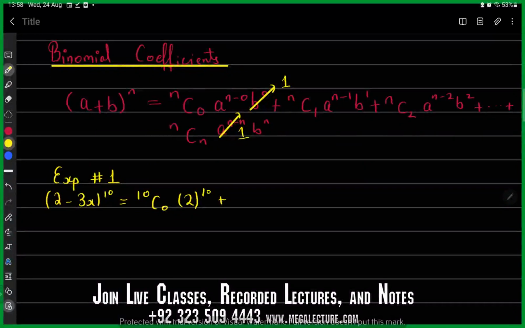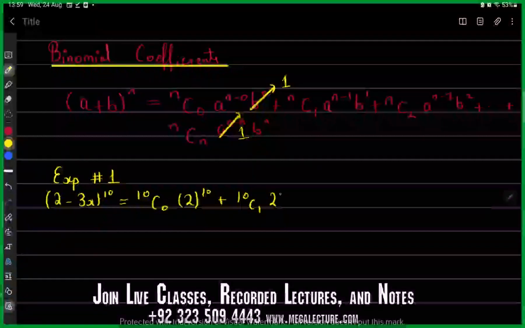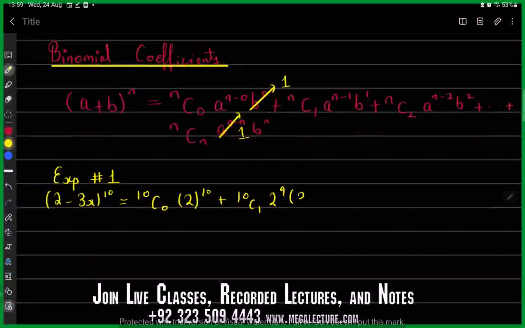plus nC1, so I would have 10C1, 2 power n minus 1 is 9, and then 3x is the second number, and I need to write it with the minus sign. Why? Because here we had positive, and when I have negative here, I'll consider that this negative is basically with my 3x.